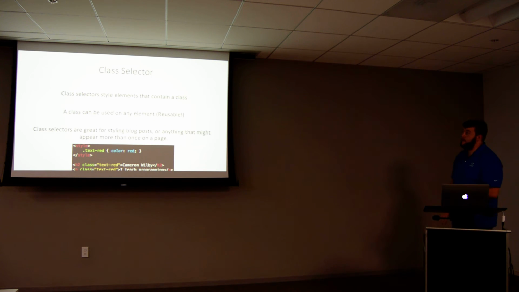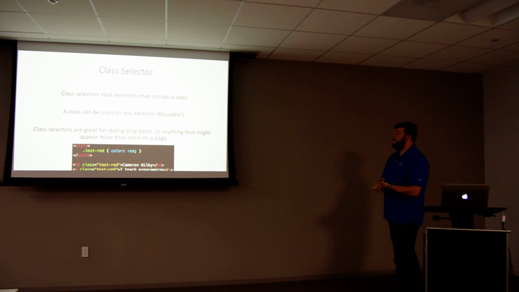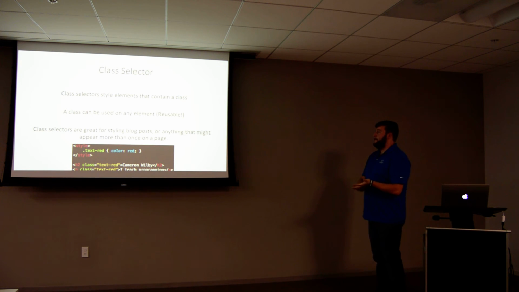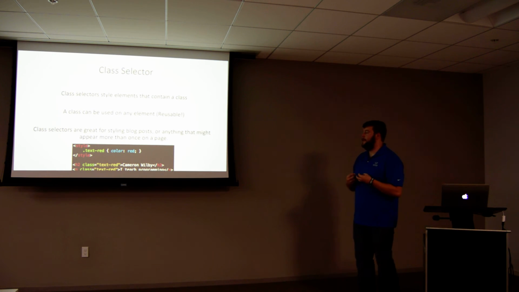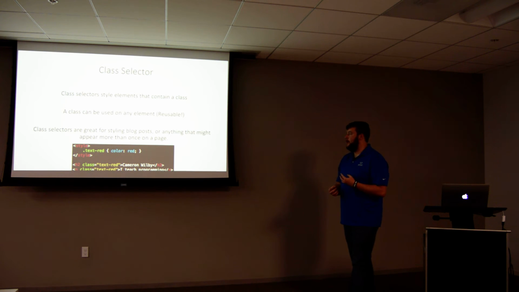The next one, which is a little more complicated, is the class selector. A class can be used on any element, so it's reusable, and multiple elements can use the same class. This is great for styling things like blog posts, or anything that might appear more than once on a page.